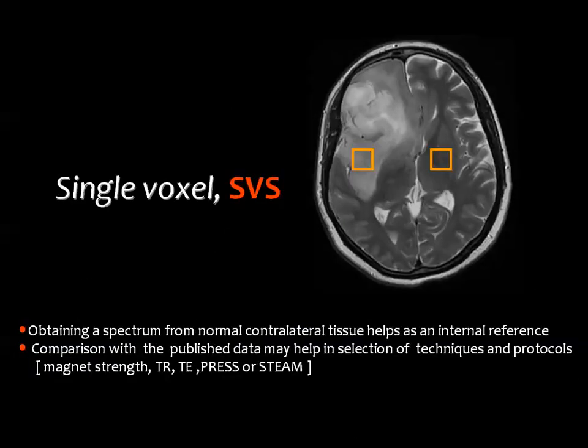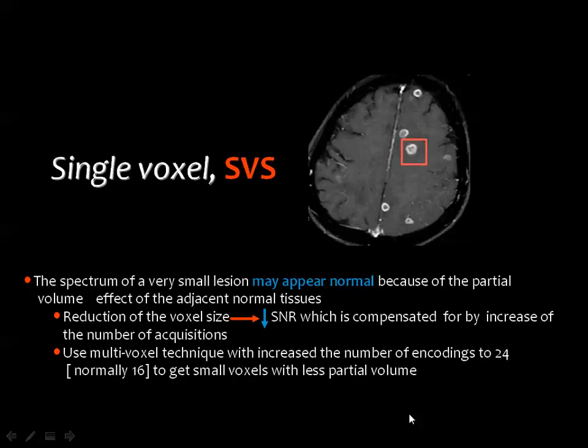One of the rules whenever you are performing the single voxel technique is to put another voxel on the opposite normal brain tissue, so that you can compare the resultant spectra and know the change in the pathologic area.